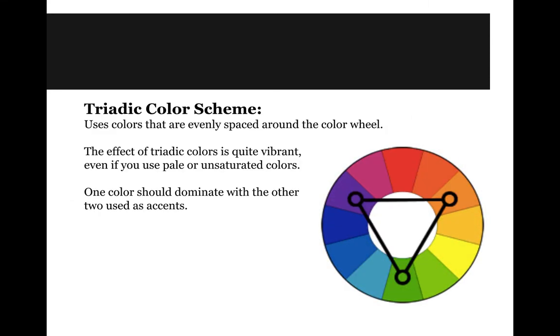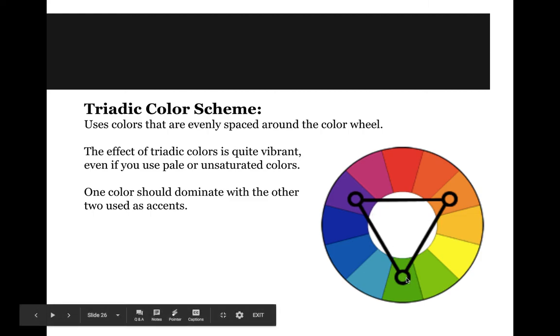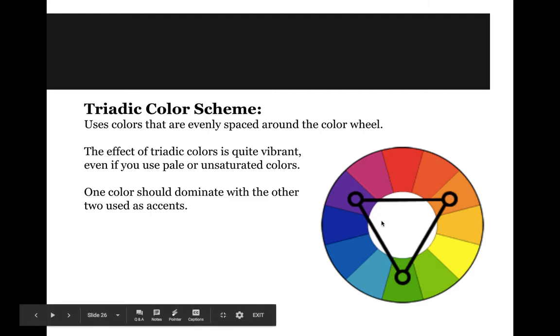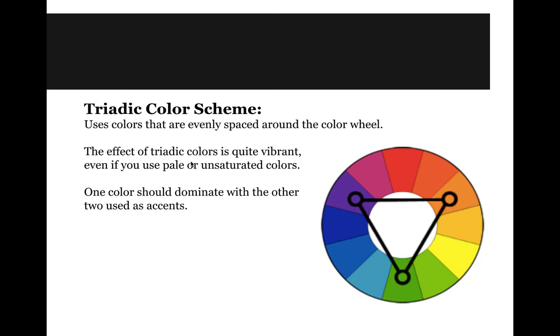All right, triadic. These are colors evenly spaced around the color wheel, like a triangle. So purple or violet, green, and orange. You notice those are your secondary colors, but you could also use your tertiary colors instead. You can make a triangle out of those. These are quite vibrant, even if you use pale or unsaturated colors.